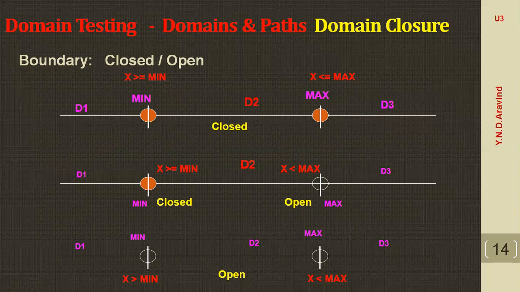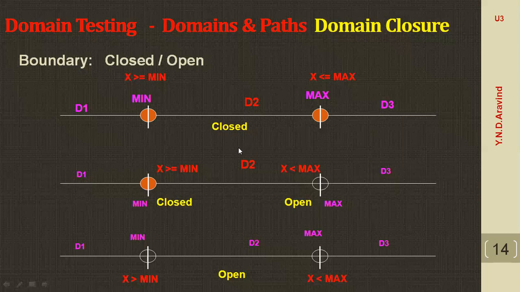For example, X greater than or equal to 0 when X greater than 0 was intended. In the first figure, the D2 boundaries are closed at both the maximum end and the minimum end. If D2 is closed, then the adjacent domains D1 and D3 must be open.